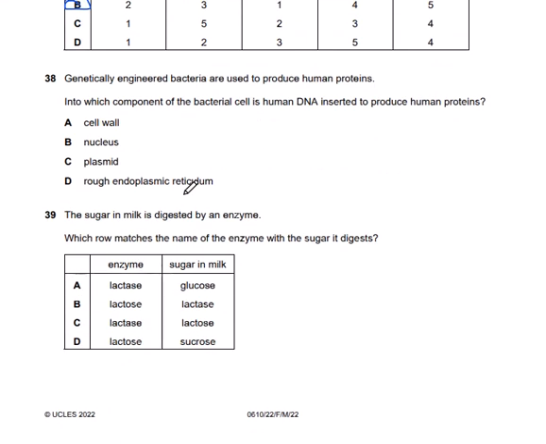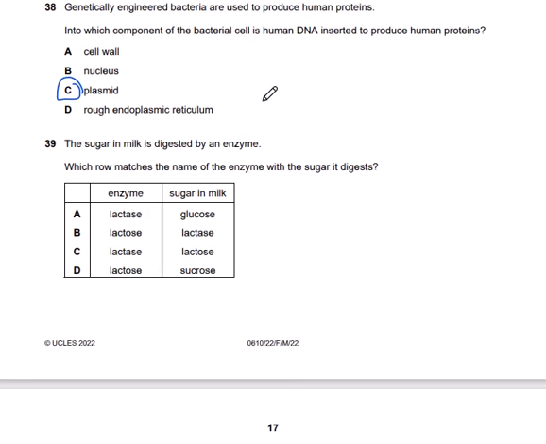Genetically engineered bacteria are supposed to produce human proteins. In which component of the bacterial cell is human DNA inserted to produce human proteins? Plasmid. That's actually why they use bacteria, because it's an external DNA in the cell. The sugar in milk is digested by an enzyme. Lactase.